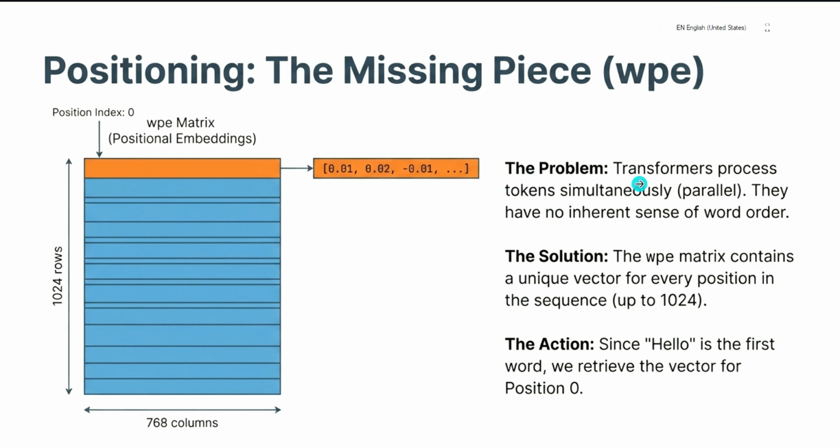For example, for the sentence 'the problem transformers process', the is the first word, so it may have a positional encoding of 0. In the GPT-2 model it is just position: the is the first position, problem is the second, transformers is the third, and we do this after embedding. So this is just positional encoding.